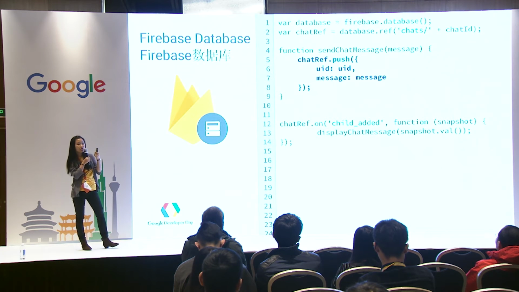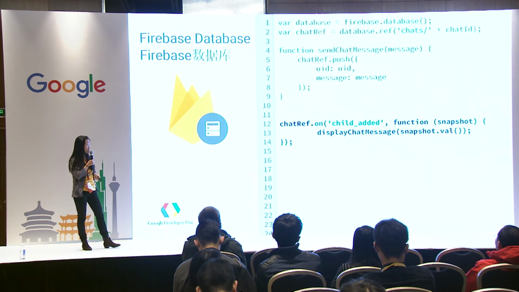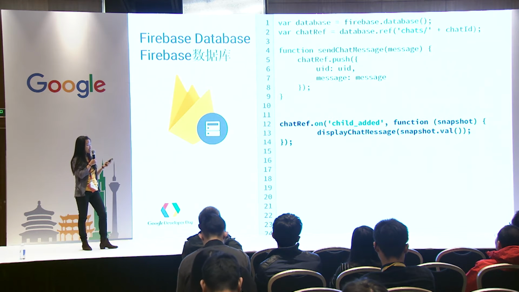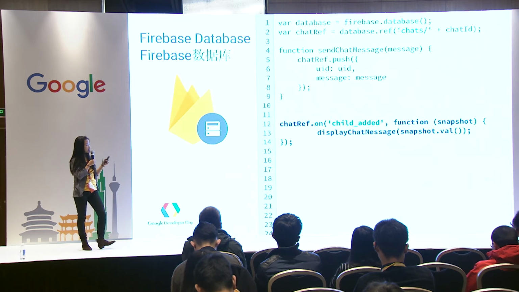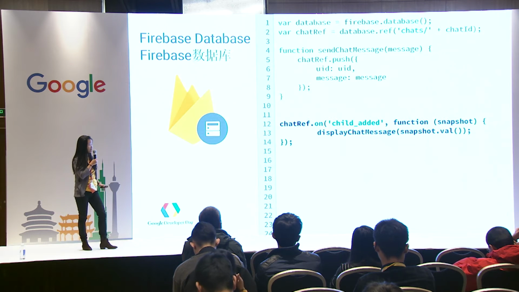Next, we want to make sure we know when someone has typed a message and then display that to the user. So lines 12 to 14 show us how we do that. On the same chat ref that we just wrote to, we add a listener called child added and give it a handler. So child added listens to the event where something new has been added to that list of chat messages.